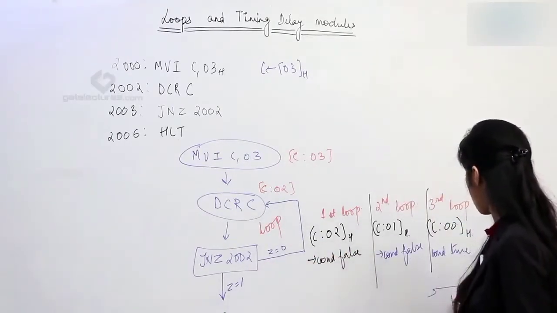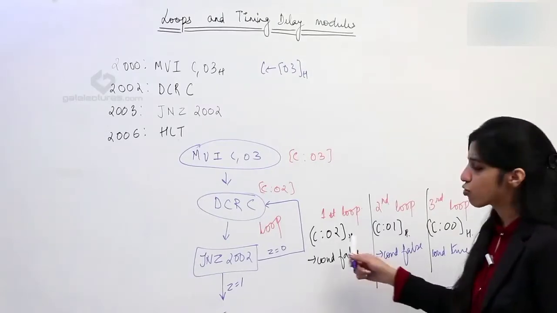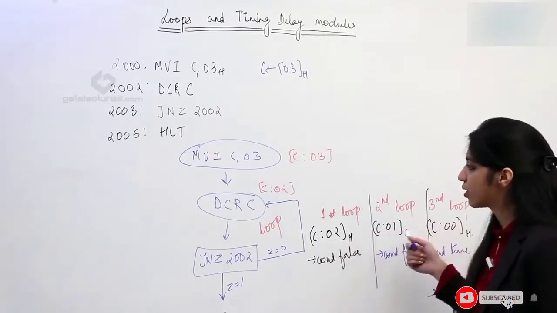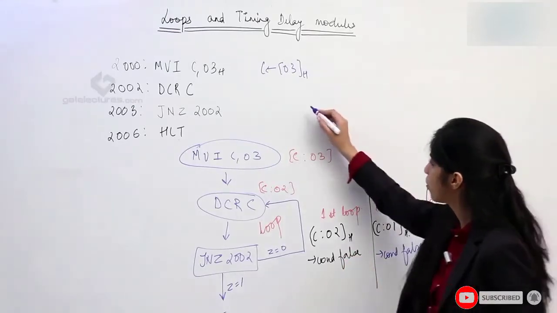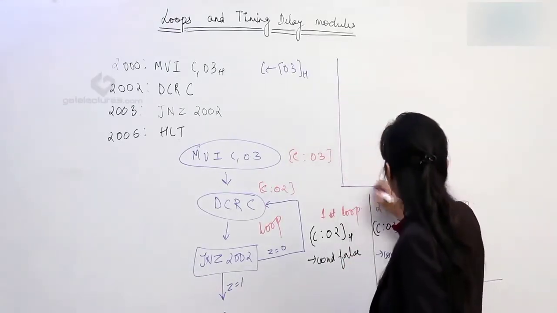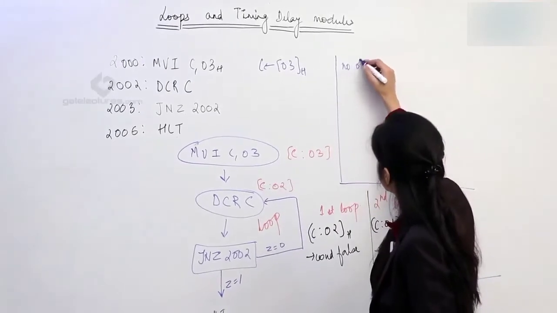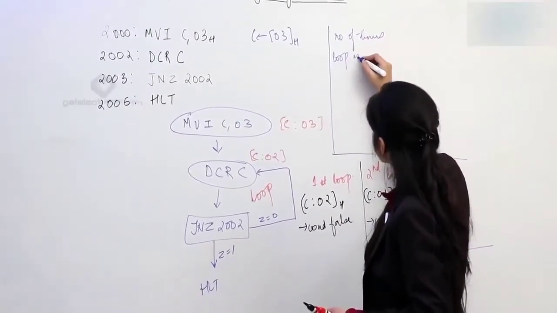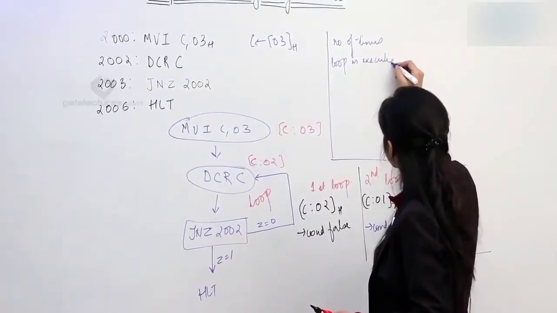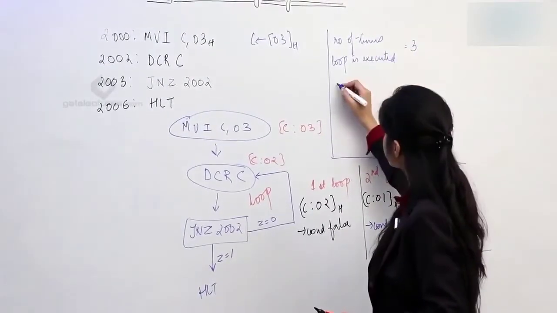The program will halt. So the total number of times that the loop was executed is 3.